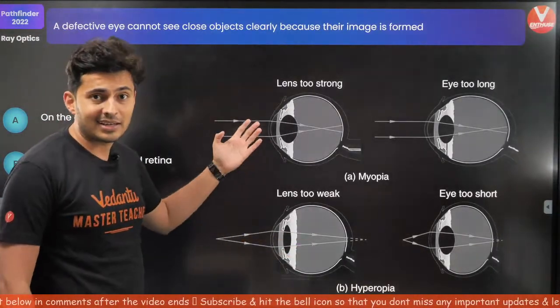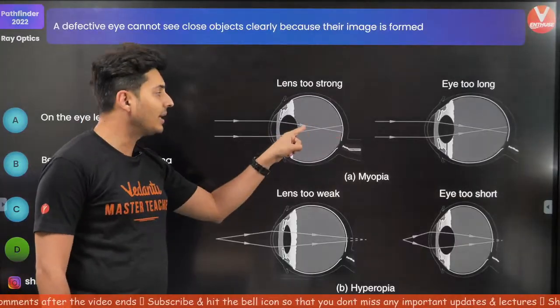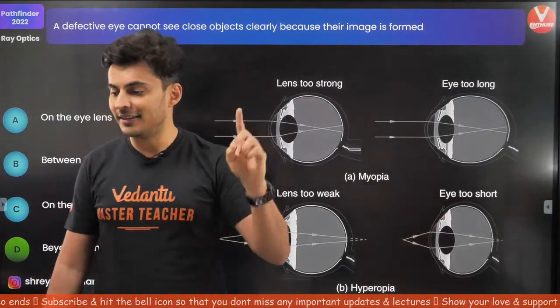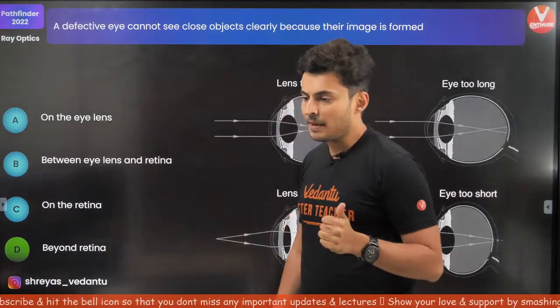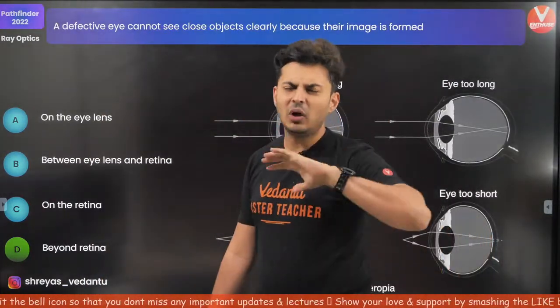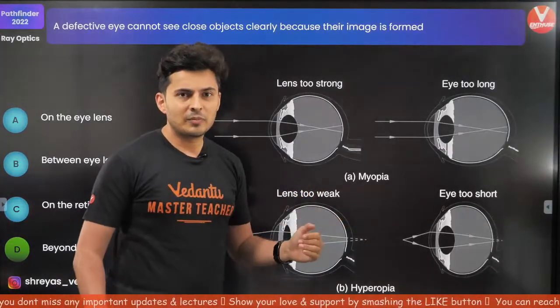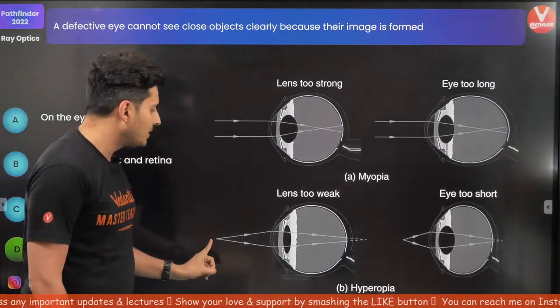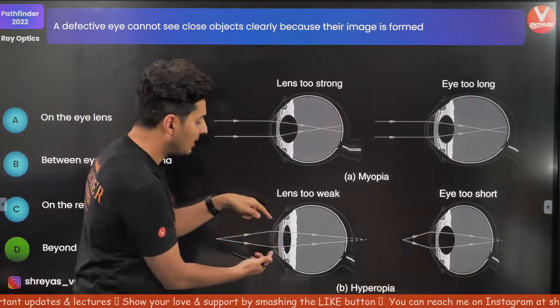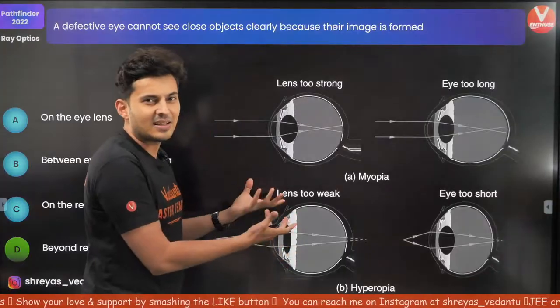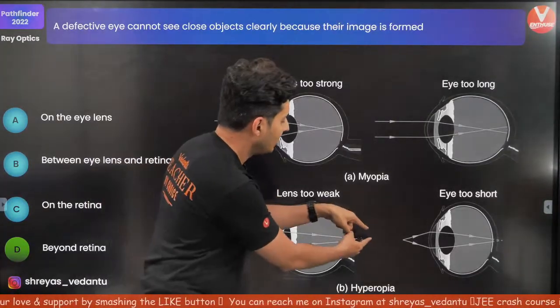But the other defect, where the image is formed in front of the retina, between the lens and the retina, is called myopia. Not necessarily infinity, Rahul. It will just go behind. So usually, if you place the object here, the lens should be so powerful that the rays merge over here. But it is unable to do that because the lens has lost its power. So because of which it goes here.